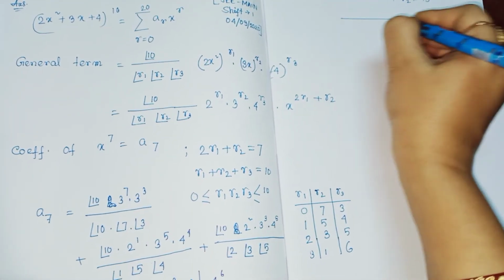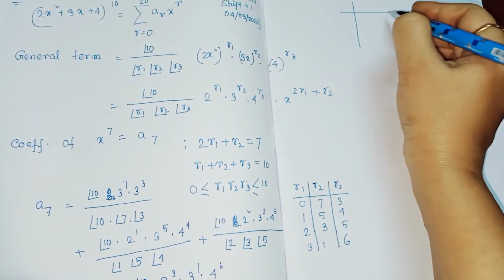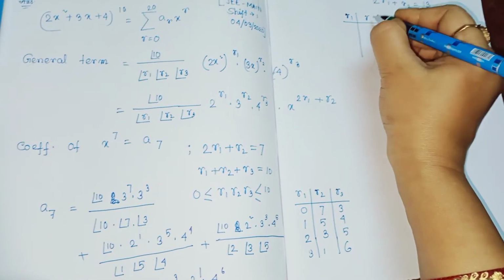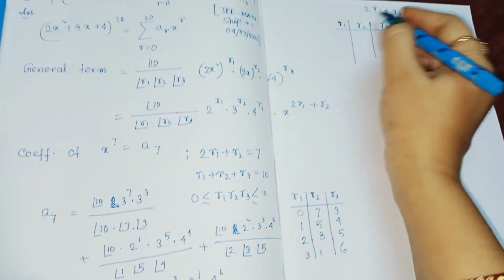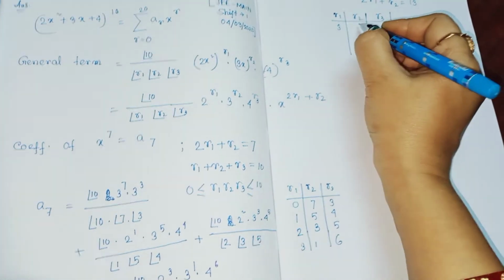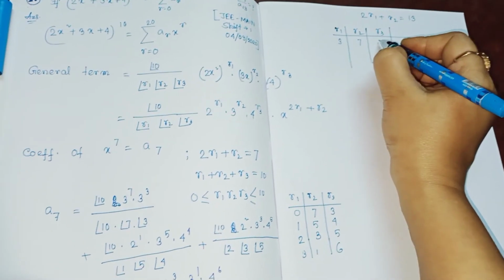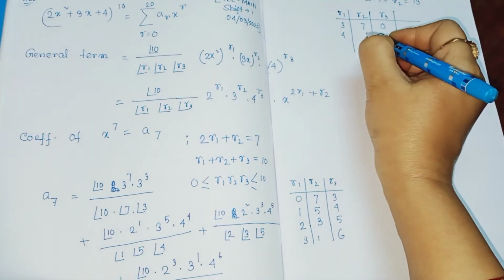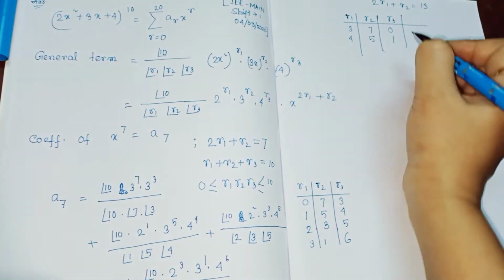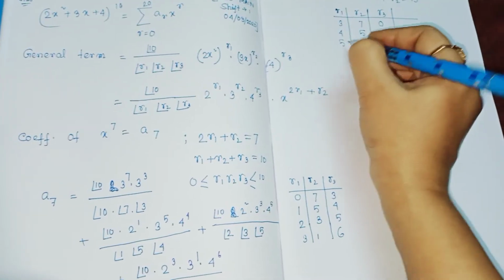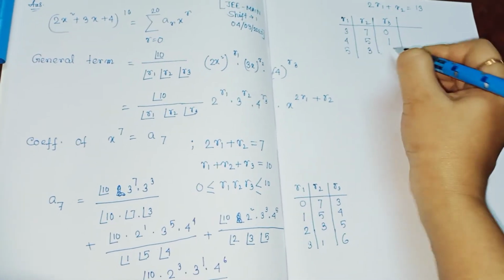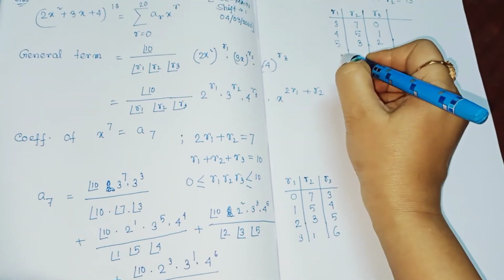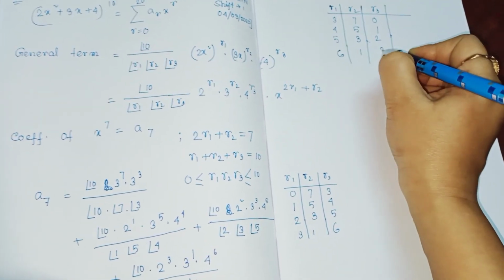Then plot the table once again for r1, r2, r3. So r1 is equal to 3, r2 is equal to 7, r3 is equal to 0. Then 4, 5, 1; then 5, 3, 2; and then 6, 1, 3, satisfying this equation.